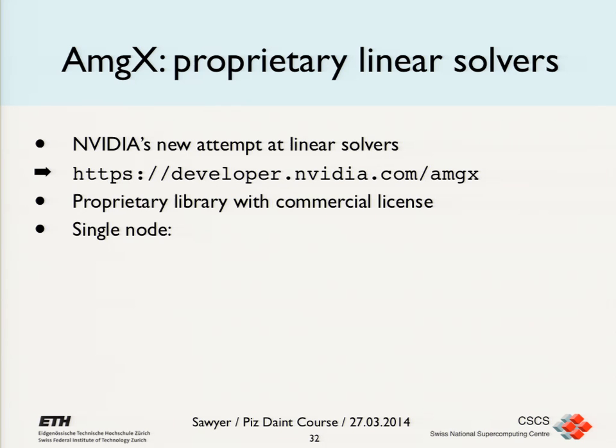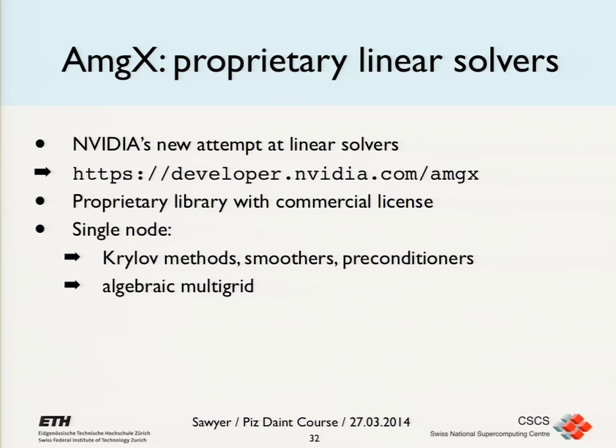However, if there were sufficient interest, we would probably try to acquire that. Again, single node, and the same sort of methods you saw before. It's not a template library, it's a callable library. Same sort of Krylov method, with the addition of algebraic multigrid.